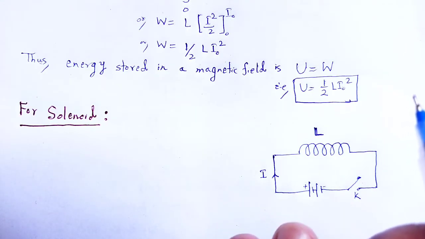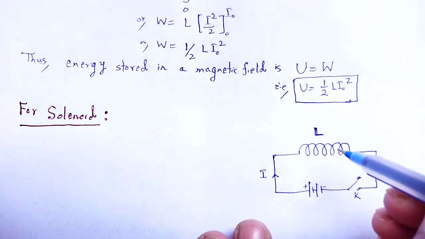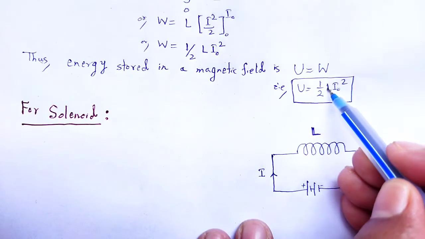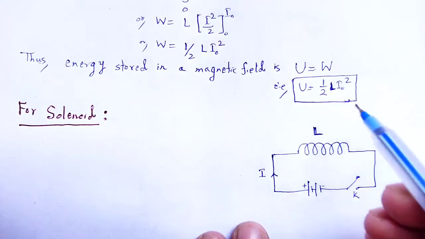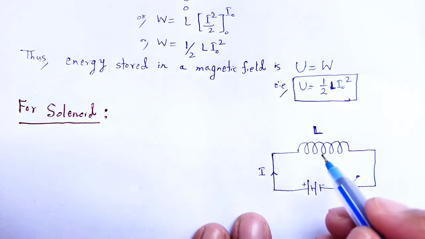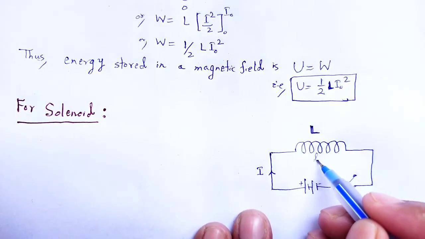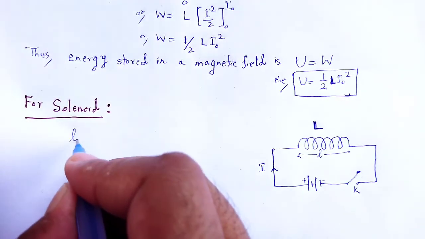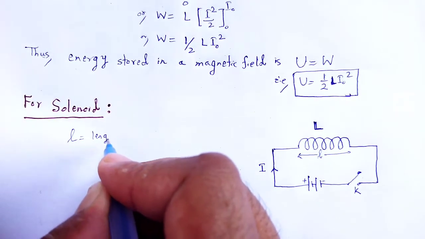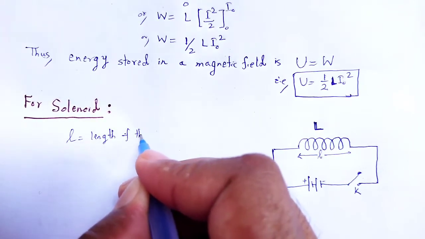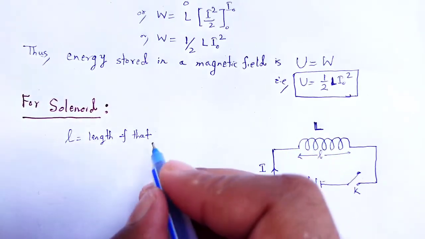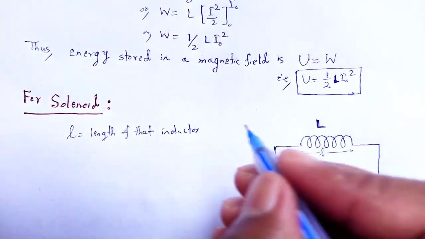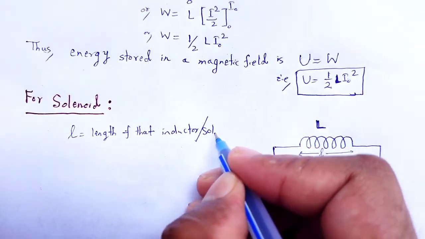Okay. Here we have to calculate the energy stored in the magnetic field, that is, calculate the self inductance of that coil. Look here, let small l be the length of that inductor, that is a solenoid.